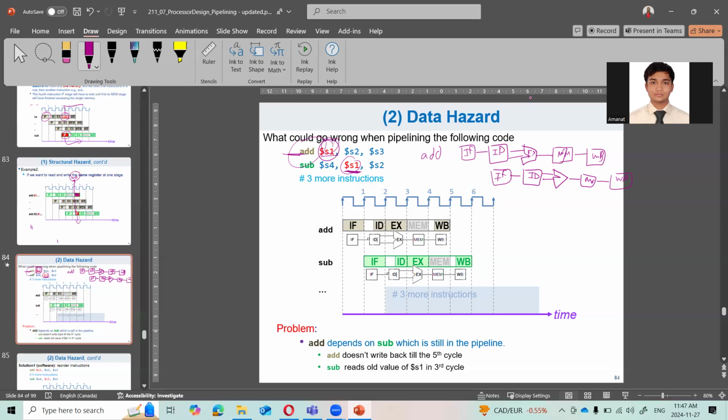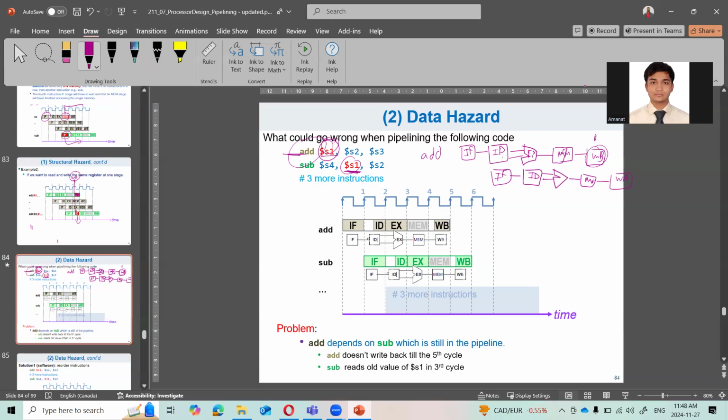After which step: step 1, 2, 3, 4, or 5? Step 5, yes, because we are writing back to the register on this step. So if the second instruction is trying to use it, we cannot accommodate that.